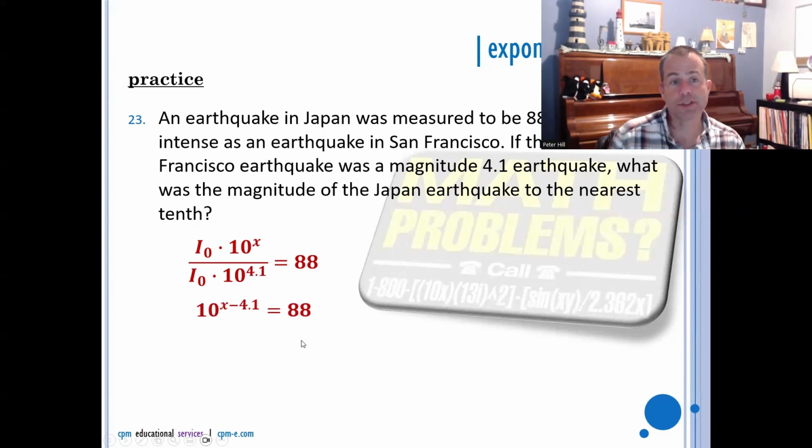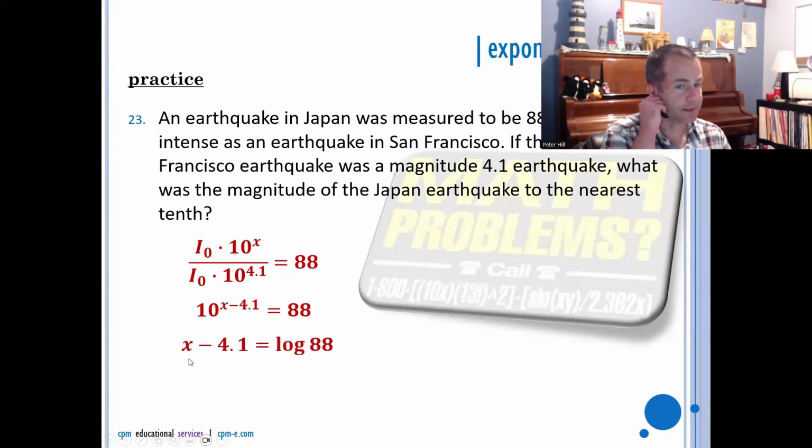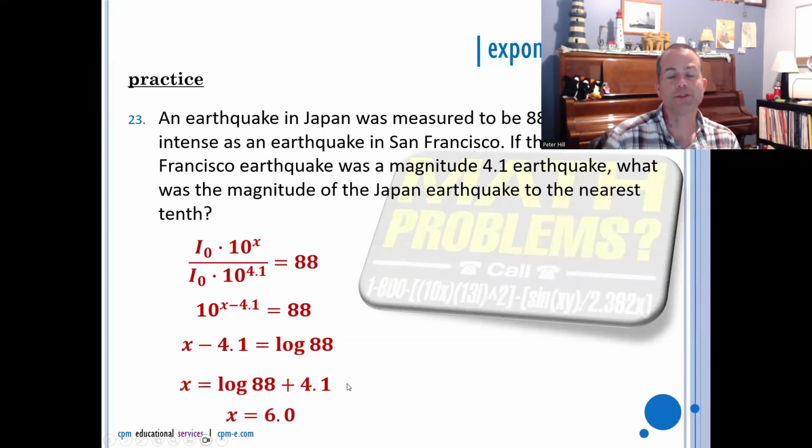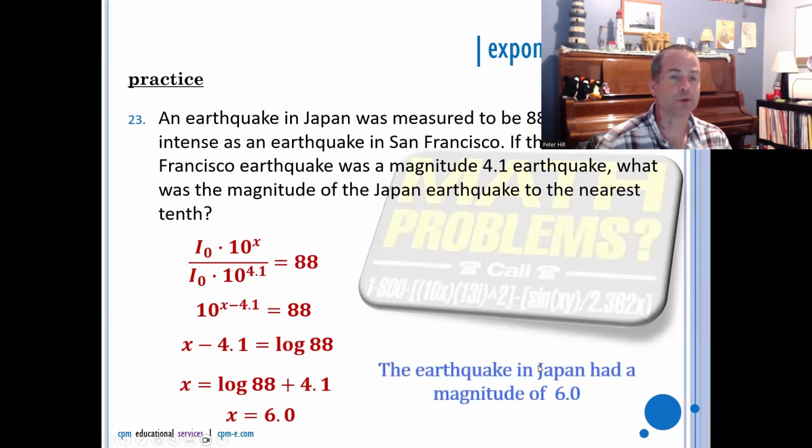Switch it to log form, so I'm looking at log 88, base 10, equals X minus 4.1, and then I just add 4.1 to both sides and throw that in my calculator. The magnitude of Japan would have been 6 on the Richter scale. Always make sure you have some sort of concluding statement when you are doing an application.